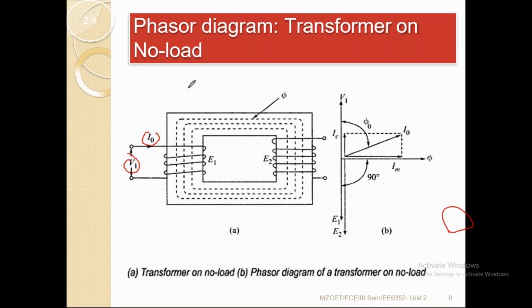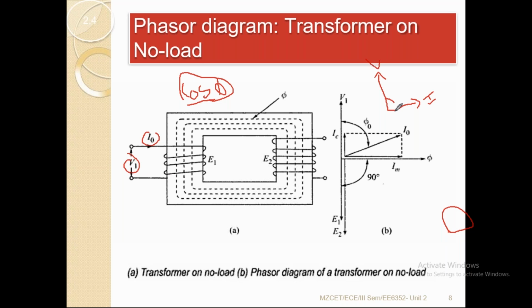Generally I already told you that power factor is denoted by cos phi. Power factor is nothing but the phase angle between voltage and current. This power factor shows the quality of the power we are getting. Suppose you get a graph like this, this is the current and this is the voltage.